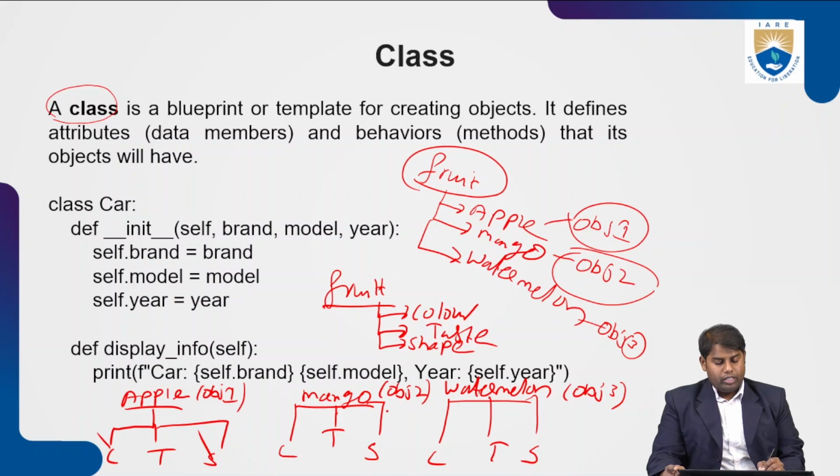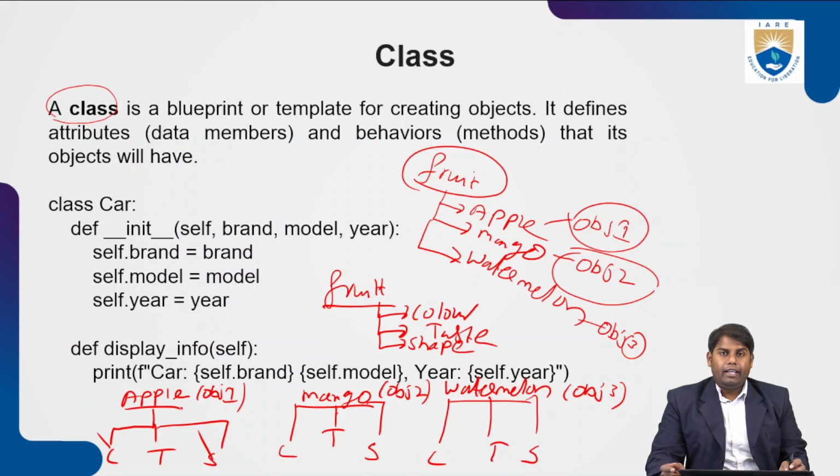When you compare object 2 and object 3, mango with watermelon, the attributes color, taste, and shape differ between them. Now when you compare object 1 and 3, apple and watermelon, the color, taste, and shape are different.